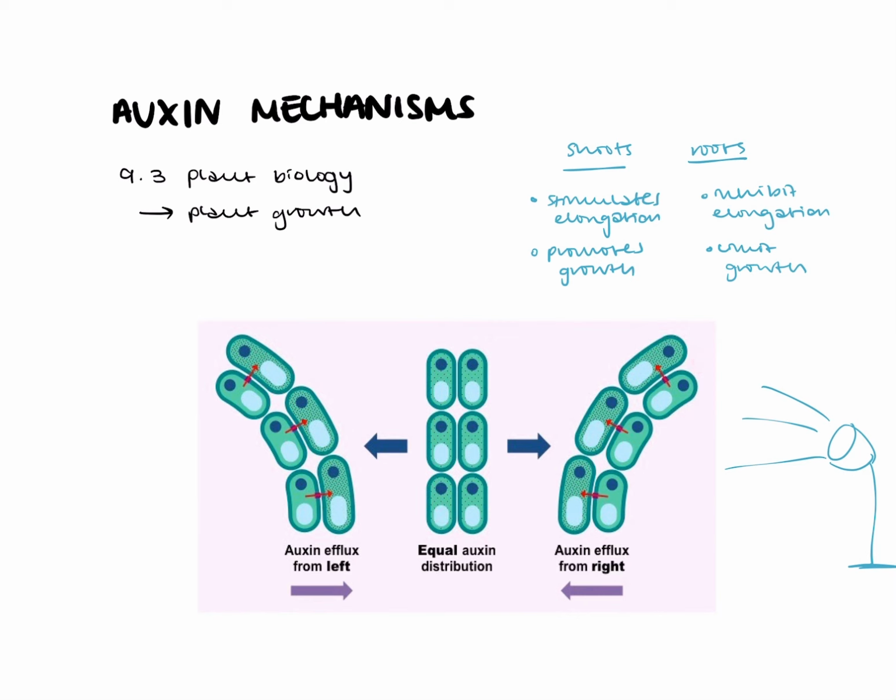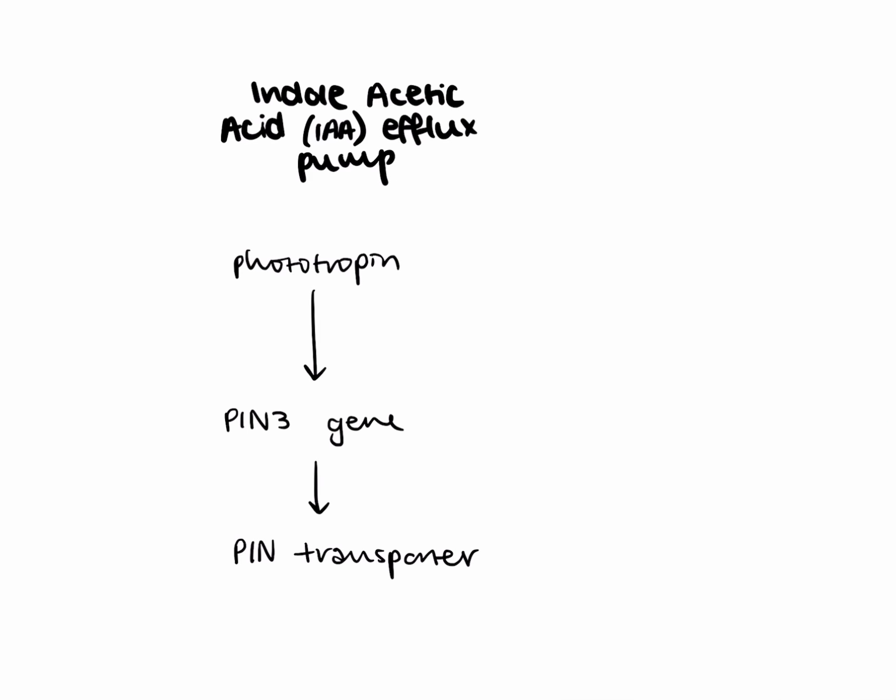So now moving on to the IAA efflux pumps, which stands for indole acetic acid. So first, the process starts with phototropin. So phototropin is a kinase in plant cells which is triggered by light, and a kinase is an enzyme which causes phosphorylation.